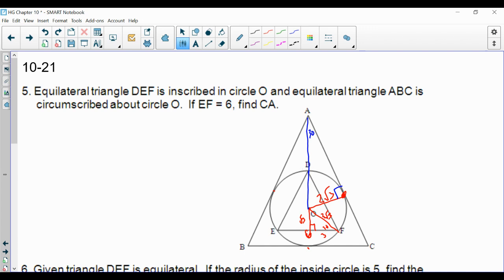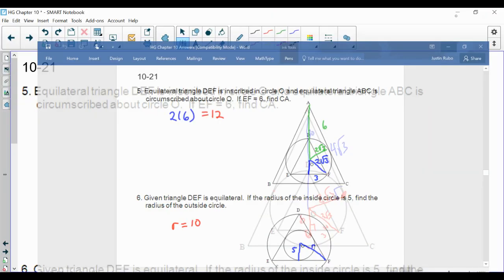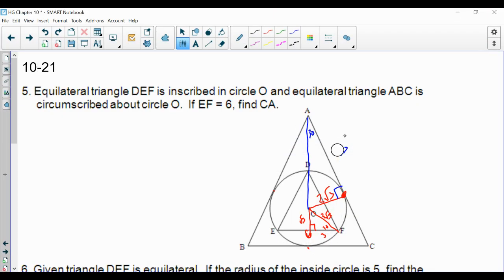This side, I only care about A to this point. So that's double it. So that's 4√3. My right angle's right here, which means this side is 2√3 times √3. You simplify that, and you get 2 times 3, which is 6.